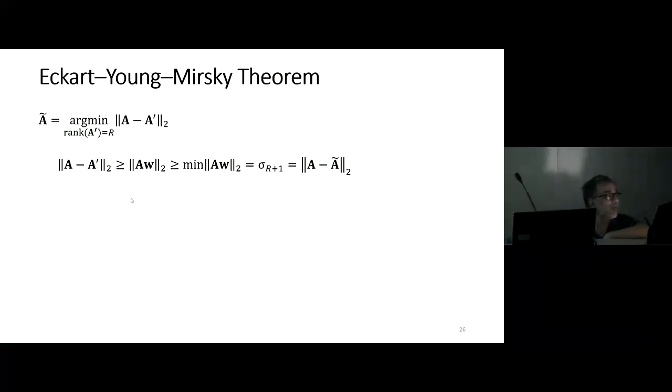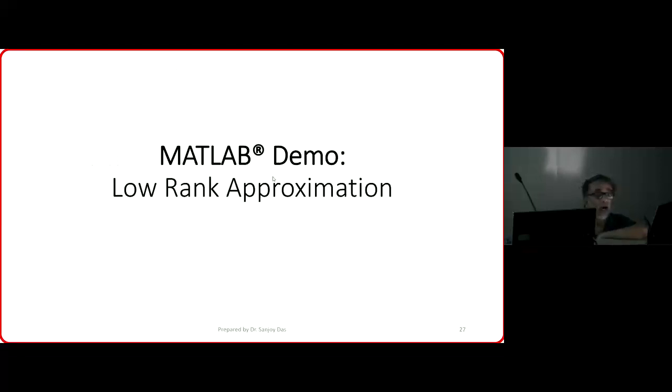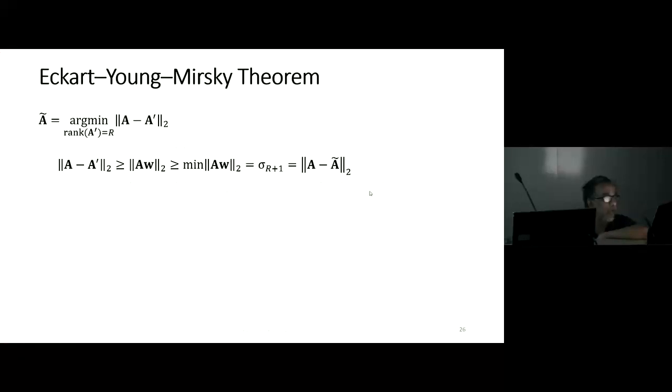Okay, so sigma r plus 1 is the minimum that you would get. So this proves the theorem for Euclidean norms, and it can be easily proved for the Frobenius norm as well. Now let's look at low-rank matrix approximation, a demo. Any questions anywhere?